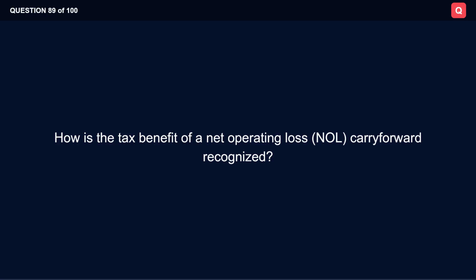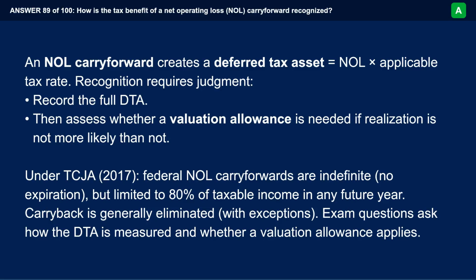How is the tax benefit of a net operating loss, NOL, carry-forward recognized? An NOL carry-forward creates a deferred tax asset equal to the NOL times the applicable tax rate. Recognition requires judgment, record the full DTA. Then assess whether a valuation allowance is needed if realization is not more likely than not.